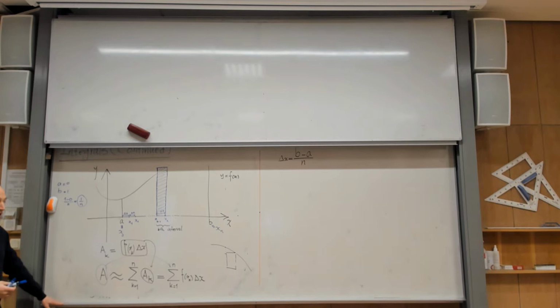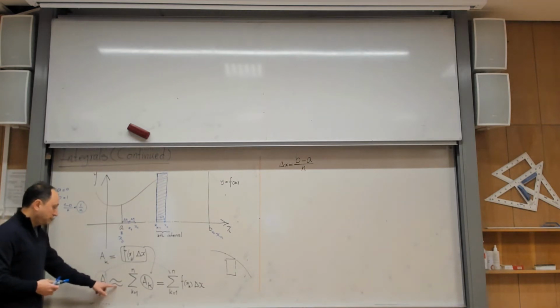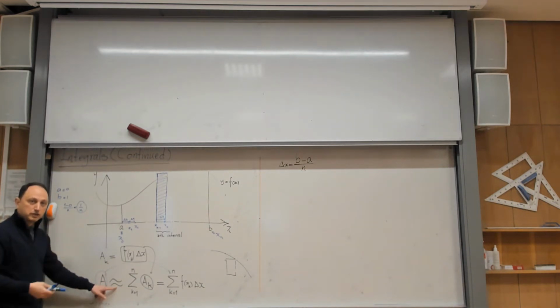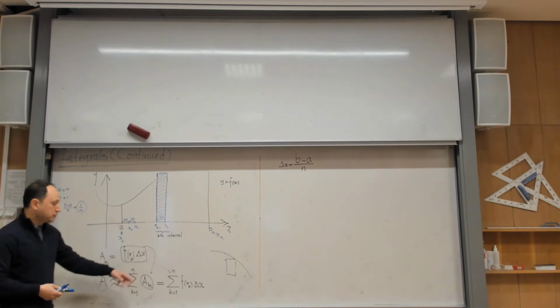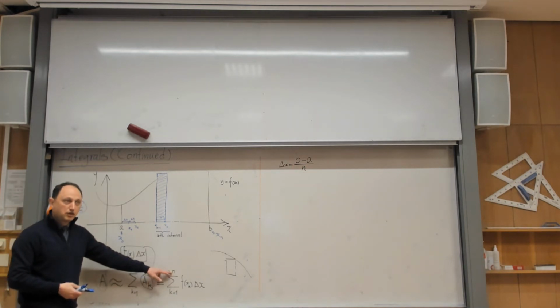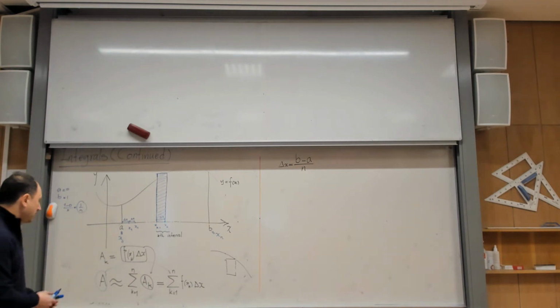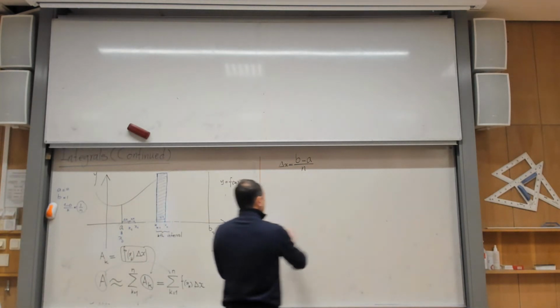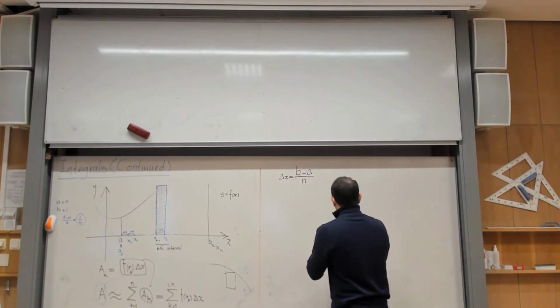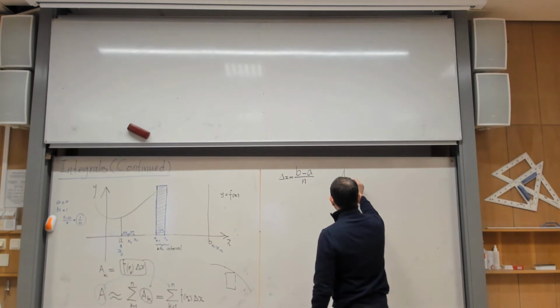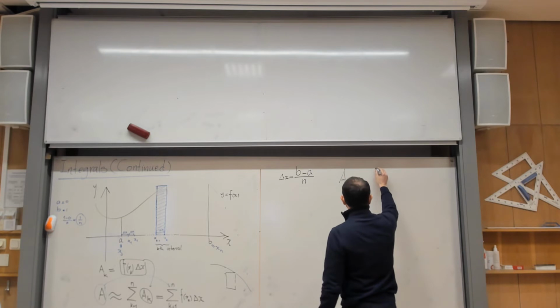And now, if I want to make this exact according to what we learned, I have to start increasing the number of rectangles to infinitely many. So this means that the area that I am looking for is this sum.